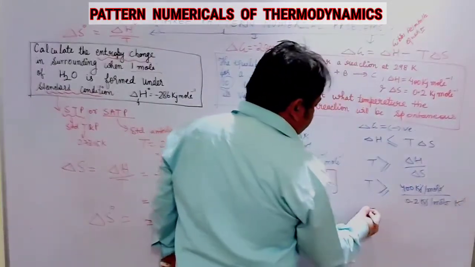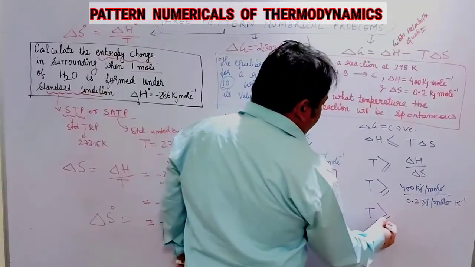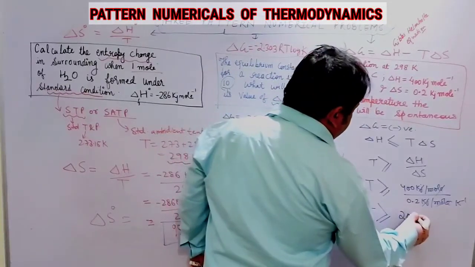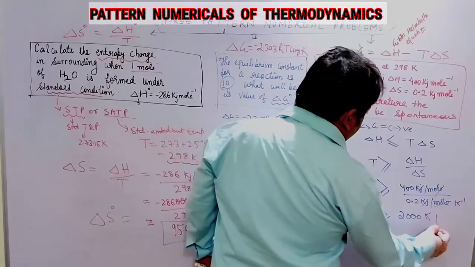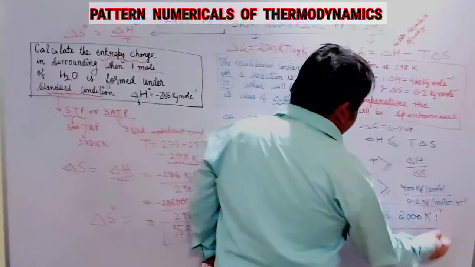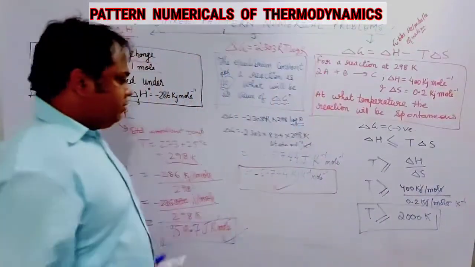This will become Kelvin, so temperature should be greater than or equal to 2000 Kelvin. This is the criterion.